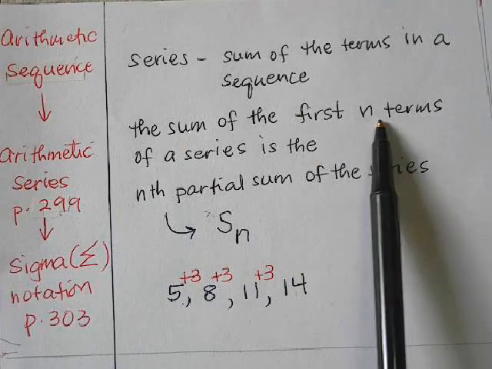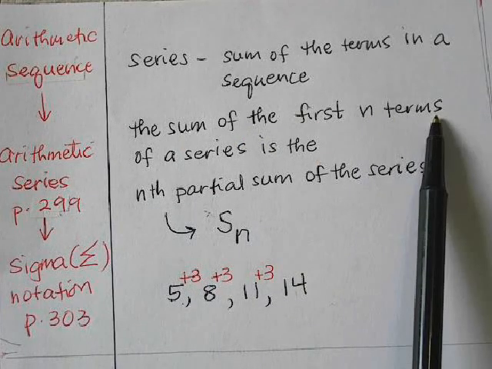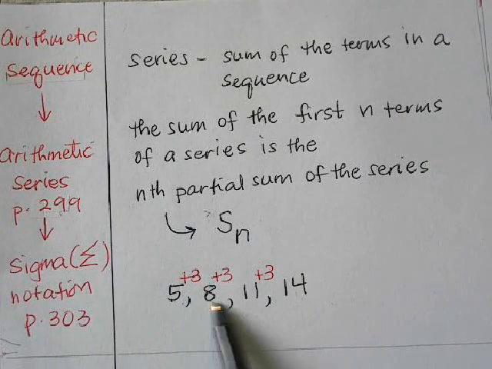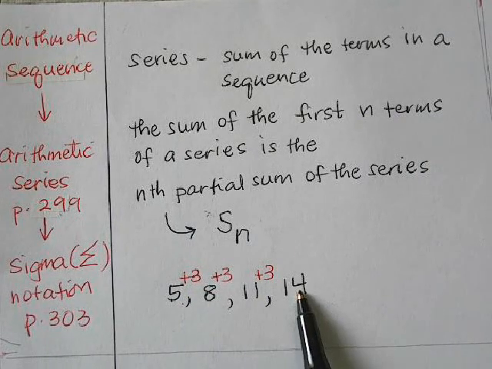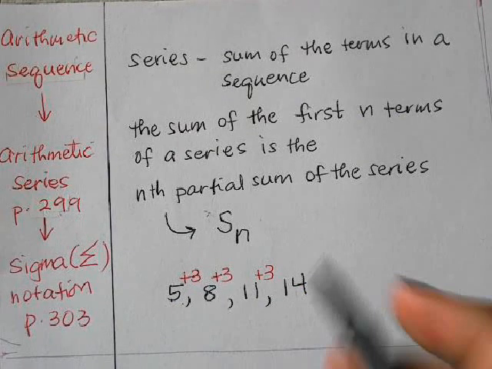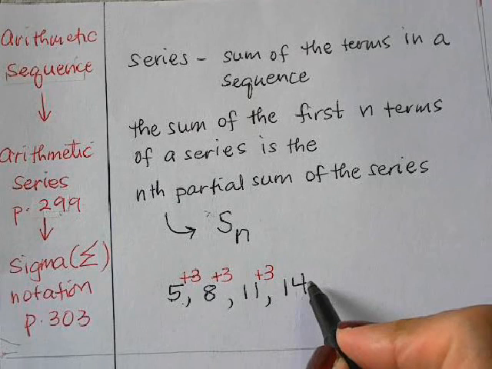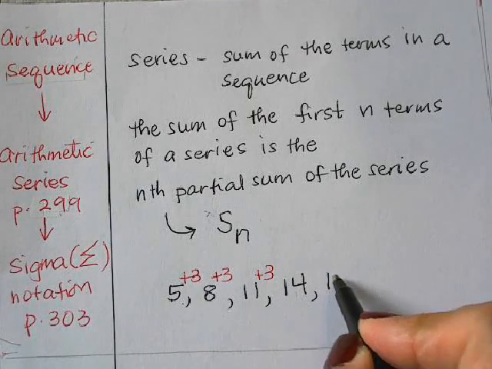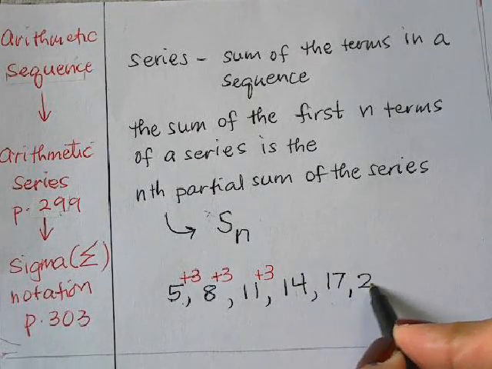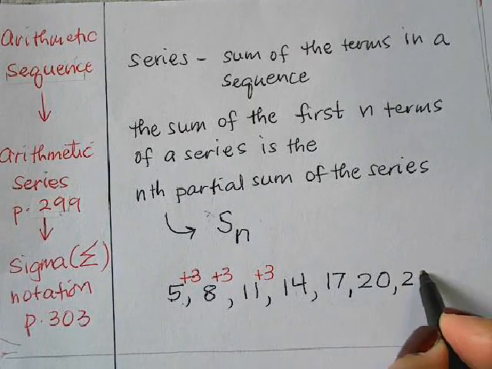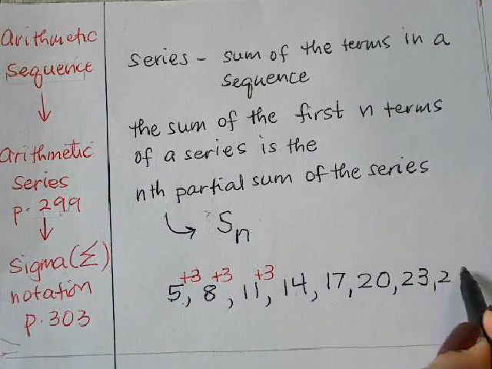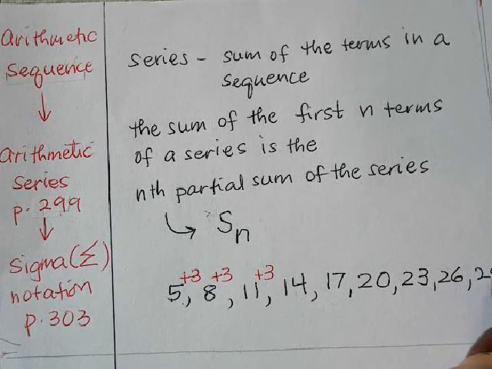Maybe I ask you to add the first 4 terms, or if we continue this, the next number will be plus 3: 17, 20, 23, 26, 29, and so on and so forth.